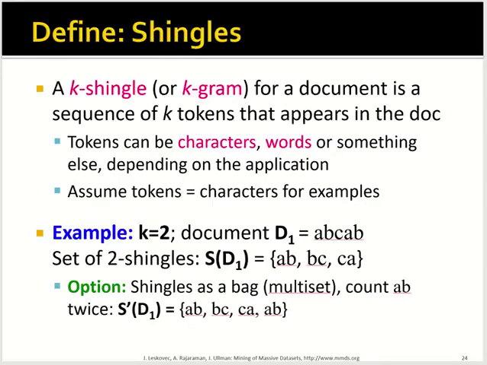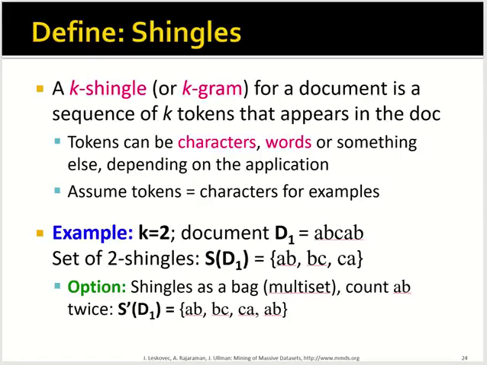First, shall we look at what shingles are? Since a document is a string of characters, we can define k-shingles for a document to be any substring of length k found within the document. Then we may associate with each document the set of k-shingles that appear one or more times within it.